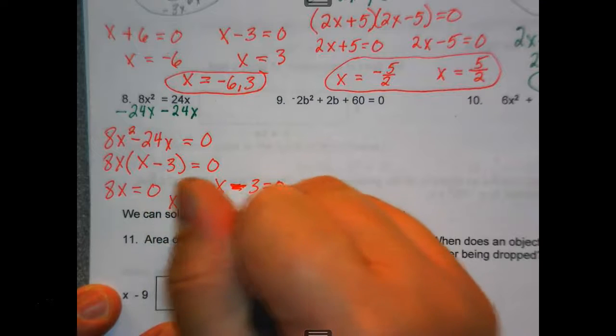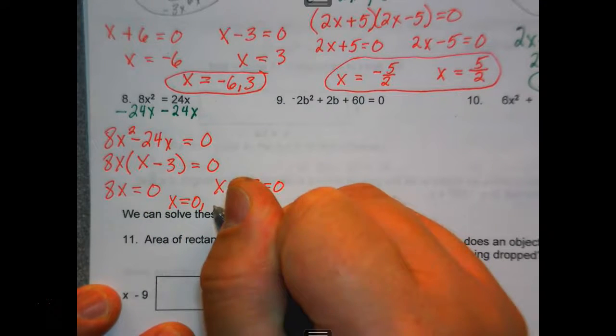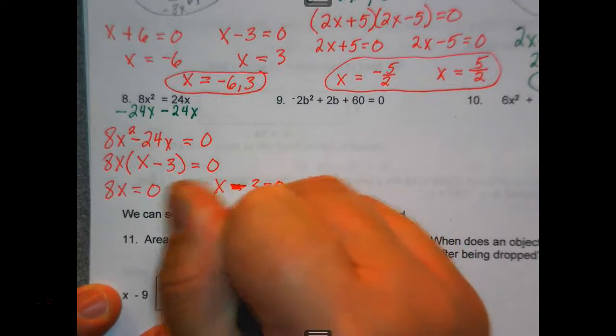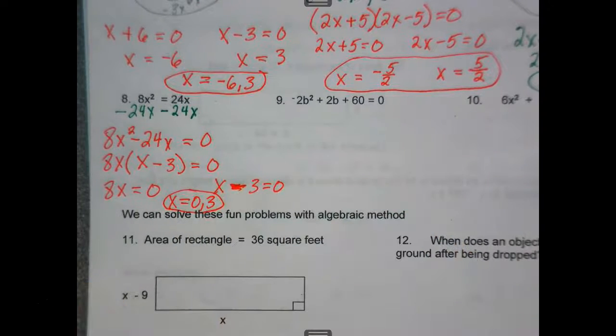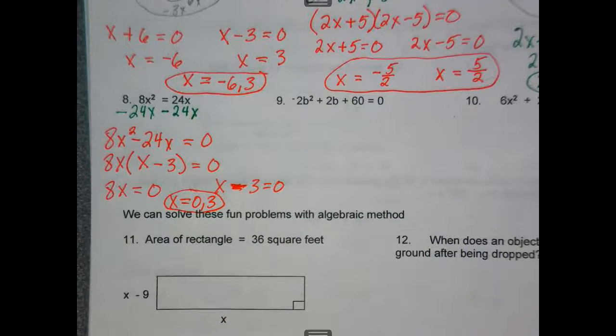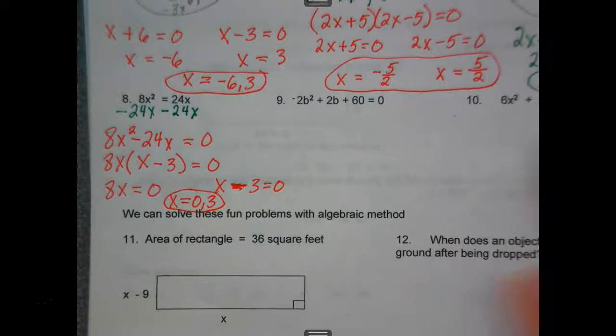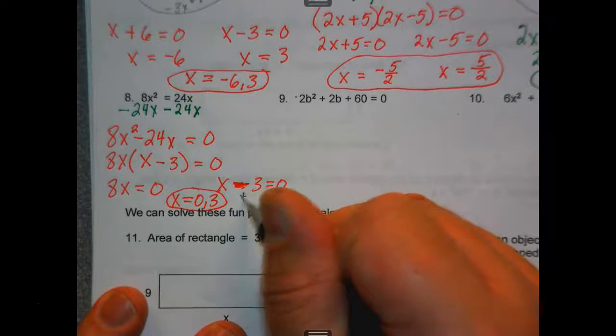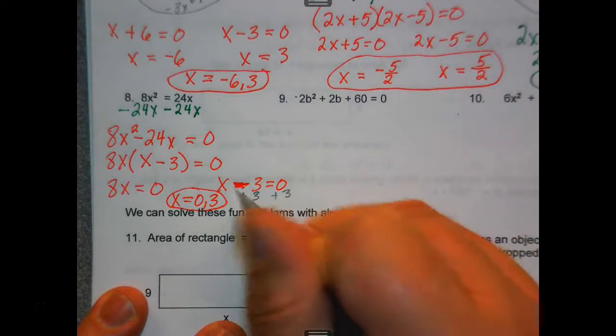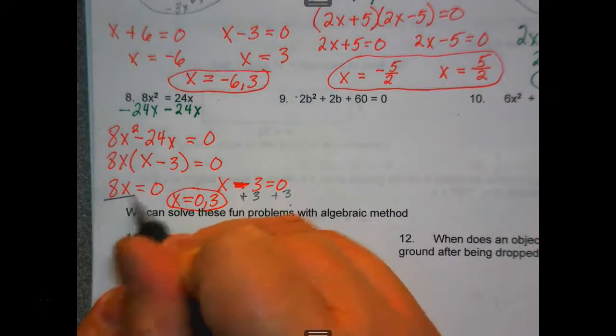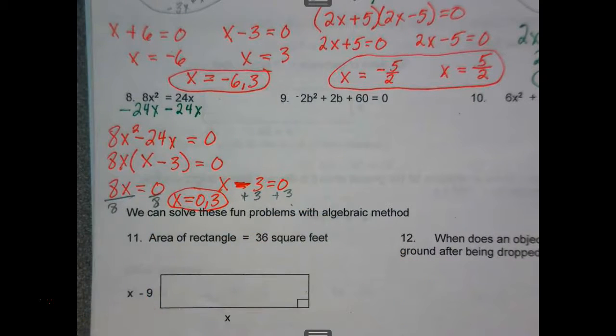X equals 0. What else? Positive 3. Add 3 to both sides. So I get x equals 3. Divide by 8. X equals 0.